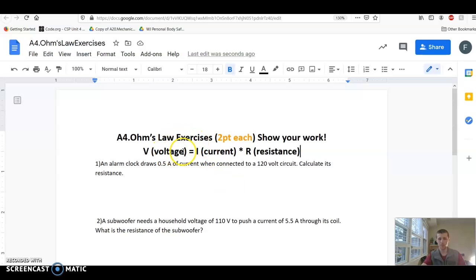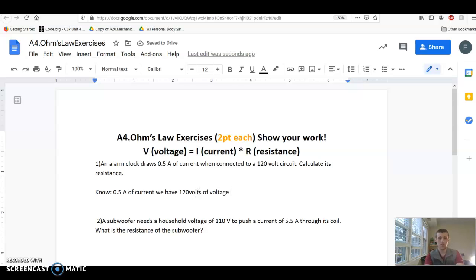Remember that voltage is measured in volts, current is measured in amps, and resistance is measured in ohms. Let's do this first one together really quickly. Here we know that we have 0.5 A of current, we have 120 volts of voltage.